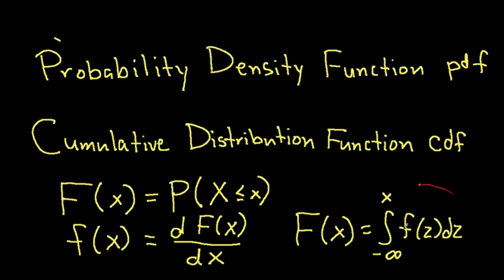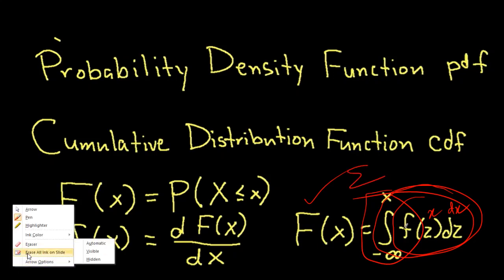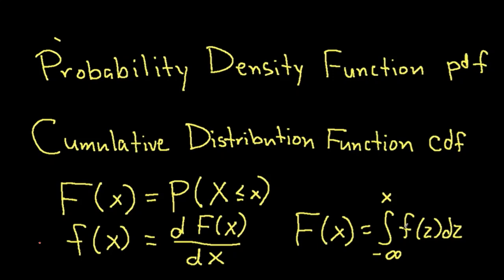Otherwise, if I integrate small f of x, where the variable is a dummy variable, you can say f of x dx also, I will get the cumulative distribution function. This relation is important. For the time being, understand how I can calculate the cumulative distribution function by integrating the probability density function. If it is a continuous variable, that is integration; if it is a discrete variable, instead of integration you will get the sigma sign. We will analyze all these points in a detailed manner. For the time being, let me proceed further.